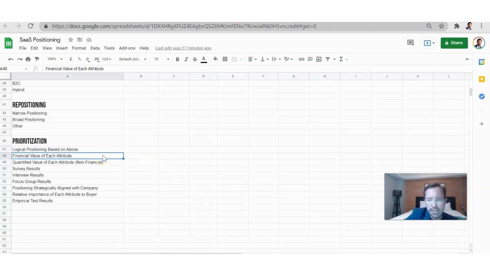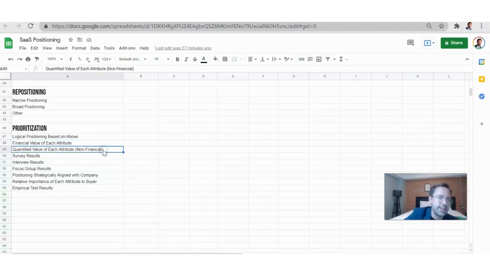Sometimes it's hard to do, particularly in a startup. Now, if you're a mid-sized company, it's going to be pretty easy because you have a lot of case studies, you have credibility with customers, you can do case study analysis to figure out how much value was created from each of the benefits you deliver, and then you can hone the positioning around the strongest financial benefit. Now, you can also quantify your attributes in non-financial ways.